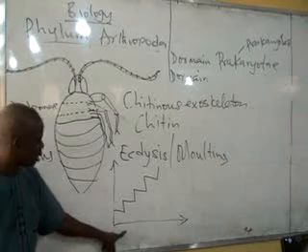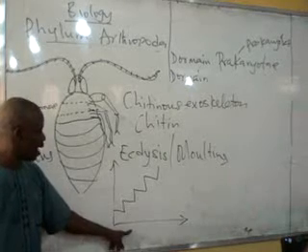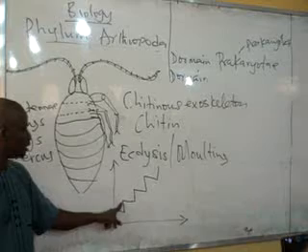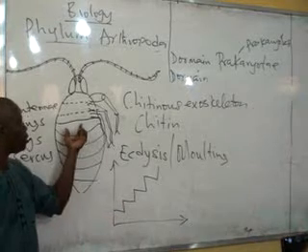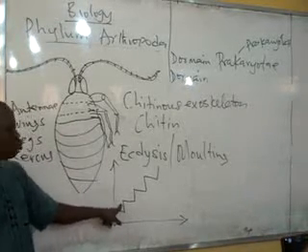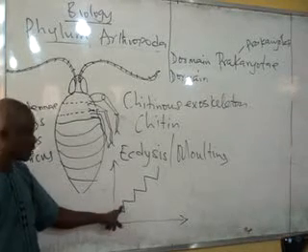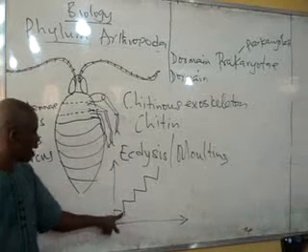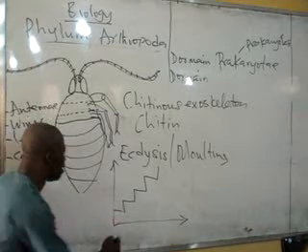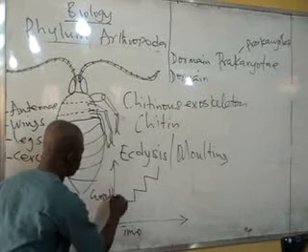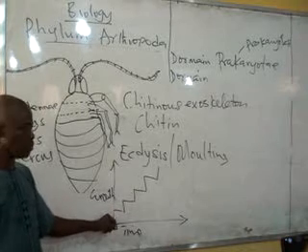So where time is going and no growth is taking place at this point, it means that the organism has covered its body with the chitinous exoskeleton and it's not growing. So for a particular length of time, they are not growing. Time is going and there is no growth.